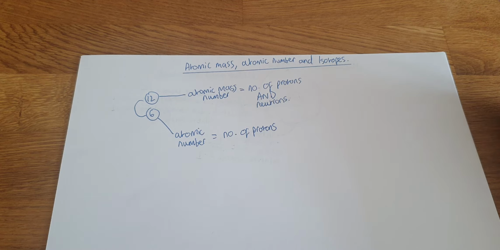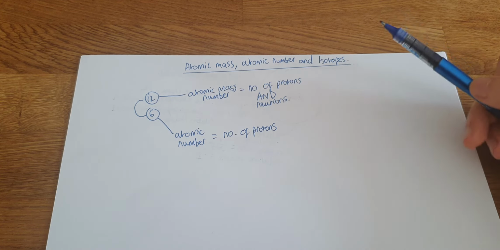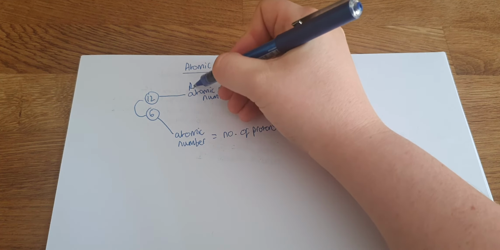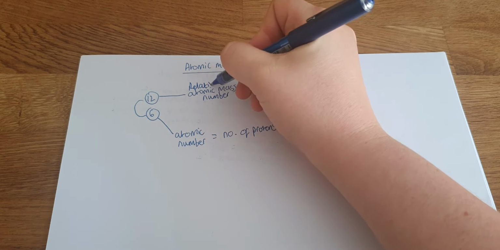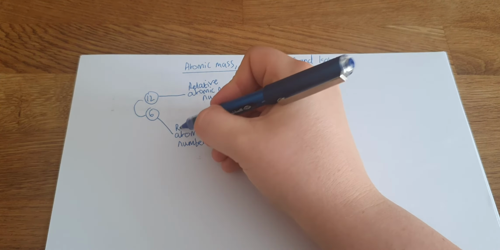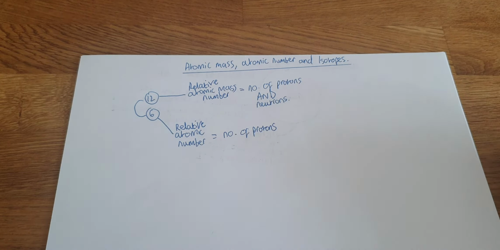Because you know that there are also neutrons in the nucleus. So you would add up the total number of protons and neutrons, and that tells you the relative mass. In fact, that is why the word relative is important: the relative atomic mass number and the relative atomic number. Even though a lot of the time we don't use the word relative when we're talking about the atomic mass number and atomic number, it is technically important.